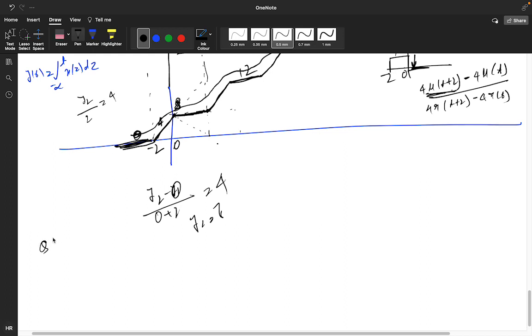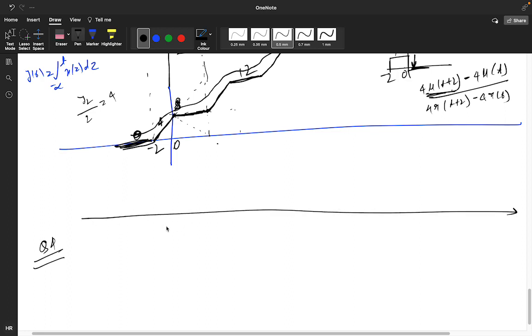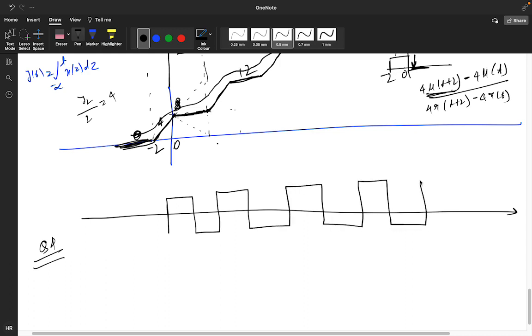Write the question number 4. Now suppose you have a particular periodic signal like this. This is your periodic signal.